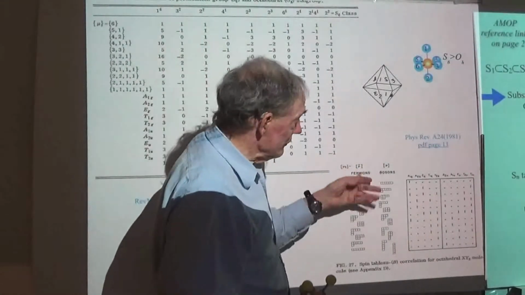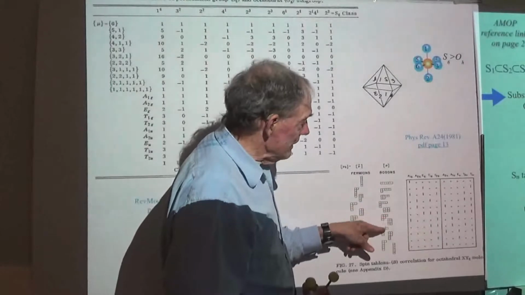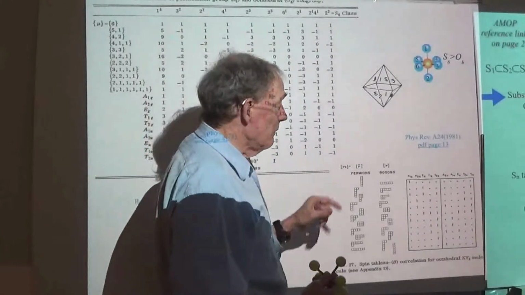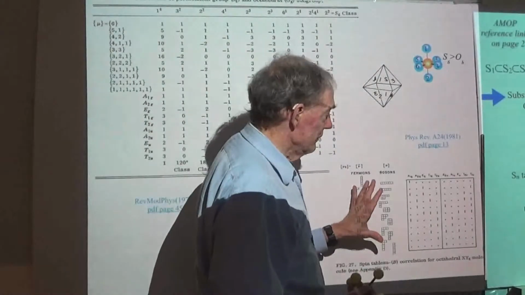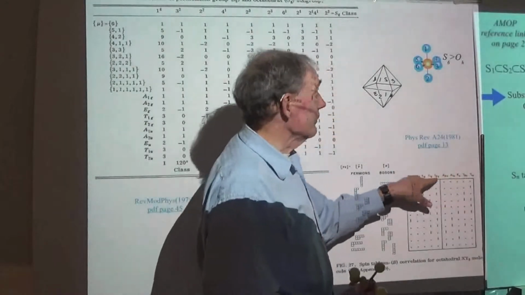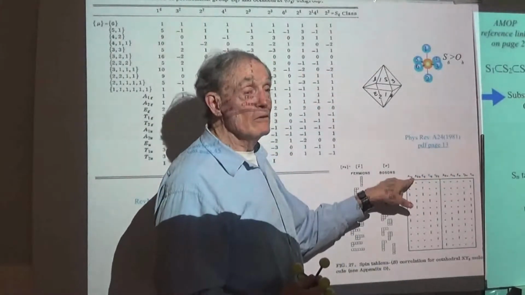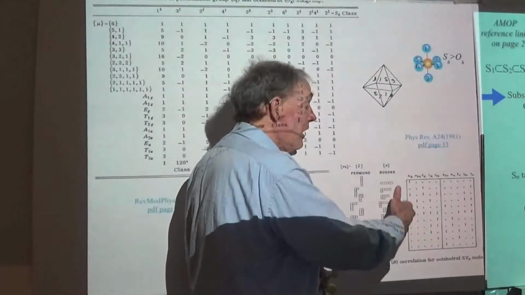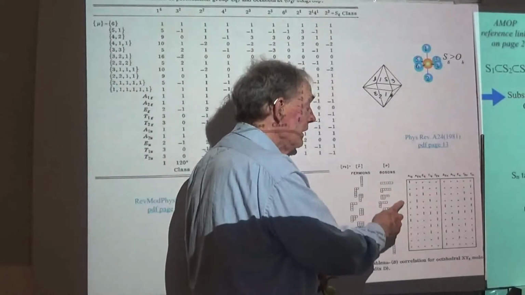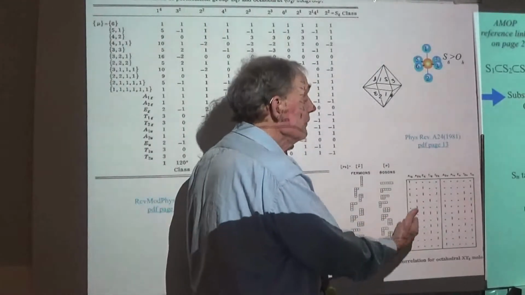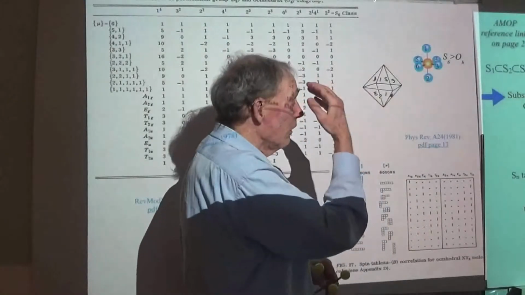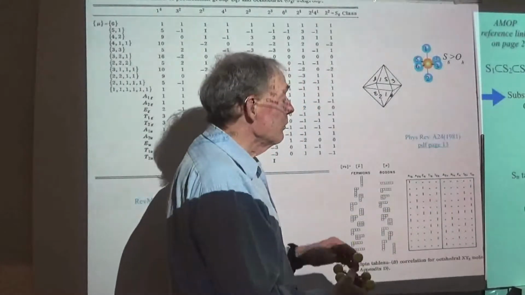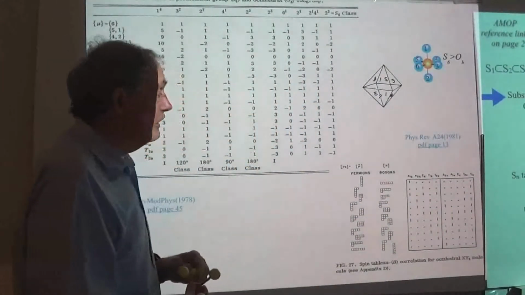So S6 has 1, 2, 3, 4, 5, 6, 7, 8, 9, 10, 11 representations, 11 tableaus, and those have to be correlated with, now the octahedron gets to sit on top of the table. Remember the correlation table that we did, where the octahedral symmetry sits on the side with A1, A2, E, T1, T2, and then some subgroup like C4 or C5 describes the clusters, the induced representations that go with this collapse that we see at high J.